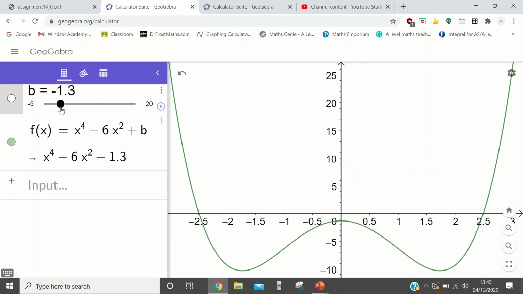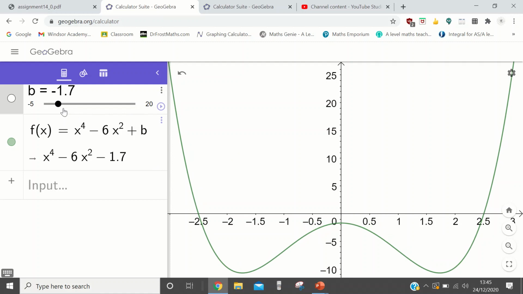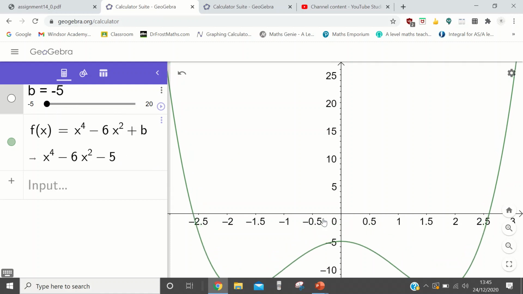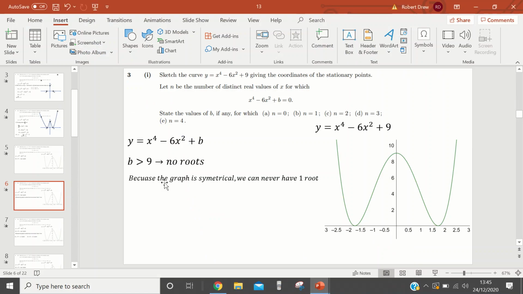Well, it changed when b dropped below 0, right? When b is at 0, it has three roots, which we'll come to. But when b drops below 0, we then only have two. And if it keeps going down, it stays as 2, right? So we have two options for two roots. We have either b is 9, which is the case here, or b is less than 0, and we just have those two up here.